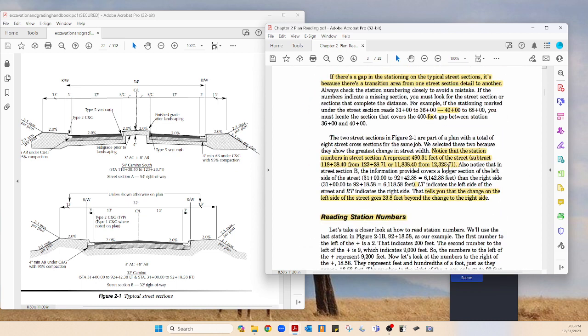I want to hit on some things. Now look at this plan over here, and I said that if you go from 118 plus 38 and 4 tenths to 123 plus 28 and 71 hundredths, you're going to go, I think I said, no, that's this one.